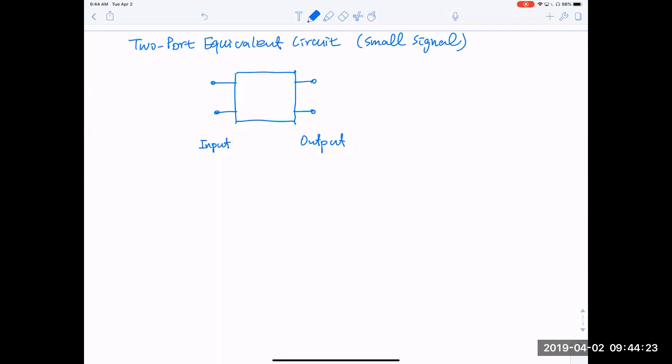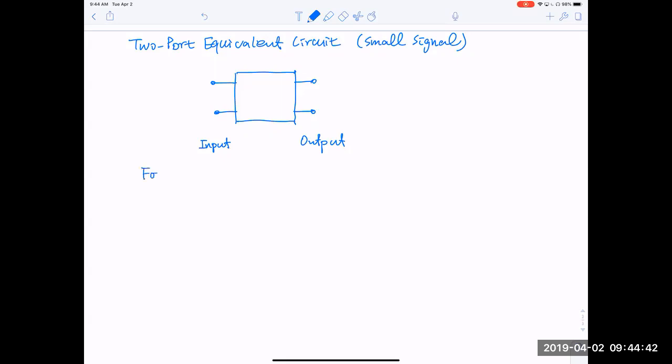We will be attaching input on the left side and measuring output from the right side. This looks like a symmetric network. However, for circuits, we usually have assumptions about these two-port circuits.